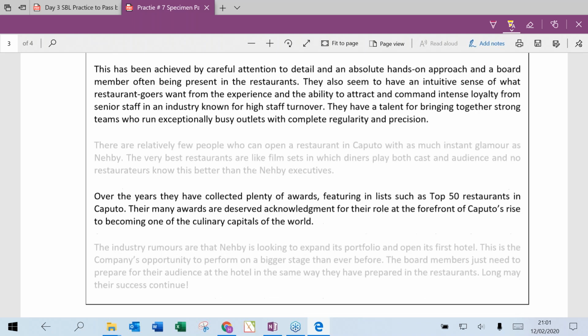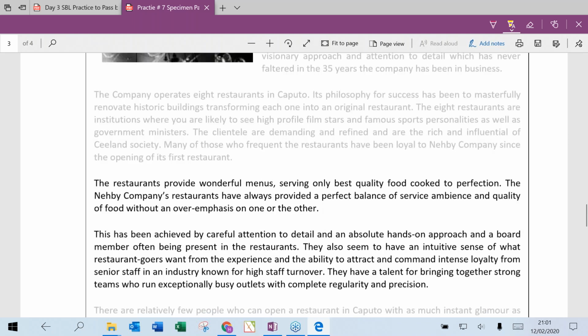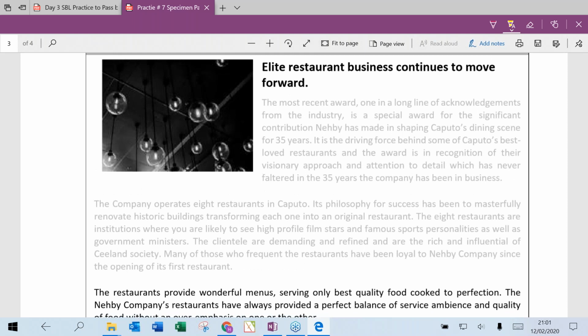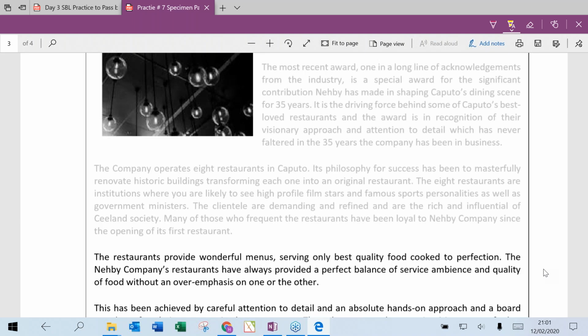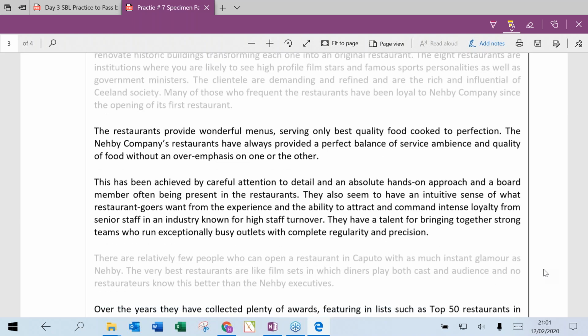I have deliberately made them light gray because these are paragraphs which are not needed for a cultural analysis. So just to save time, I reduced the visibility of those paragraphs. So let us directly read those paragraphs which contain information.